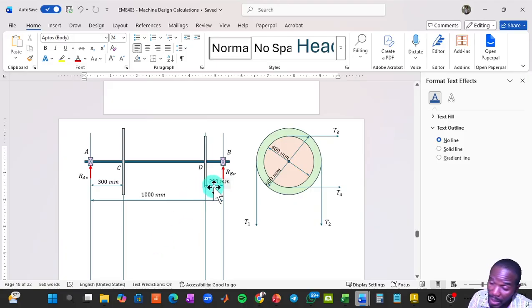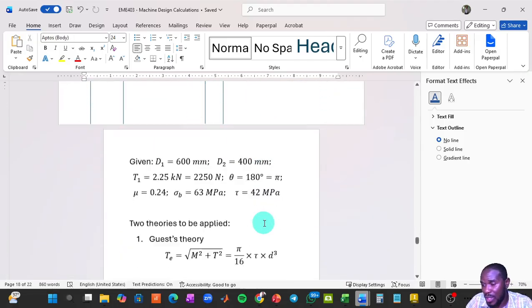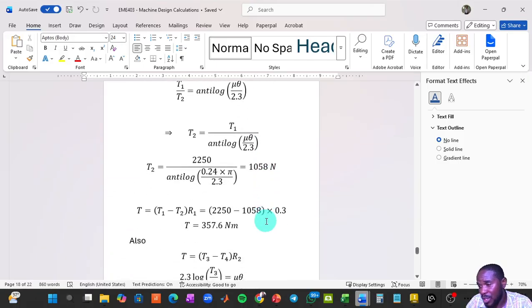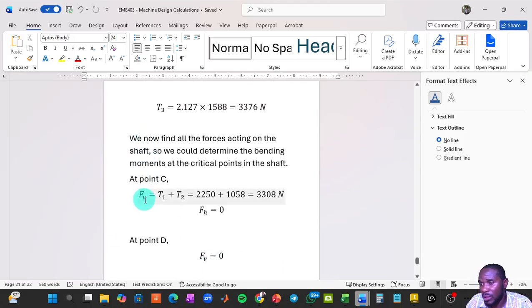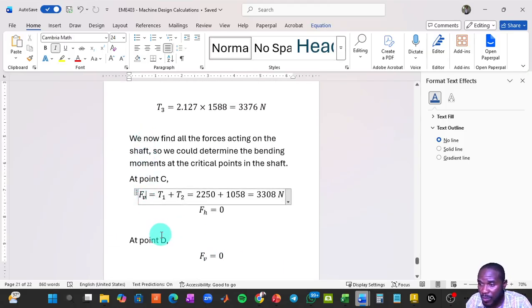So keep that at the back of your mind and note that the distance between RBV and RAV is 1,000 millimeters, right? The distance between FV acting at point C, maybe I should have called that FCV so that we don't confuse it. Okay, I think that's what we need to do, because at point C, we call that FCV, right?